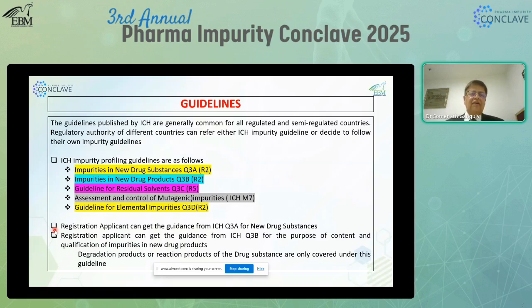These are known to everyone: Q3A for the drug substances, Q3B for the product, Q3C for residual solvent, ICH M7 for mutagenic genotoxic impurities, and Q3D for the elemental impurities. Today, I am trying to focus on salient features of Q3A/B, M7, and Q3D.